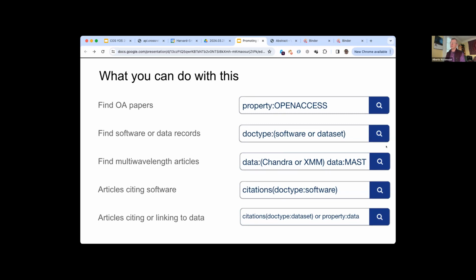The third example shows how an astronomer can find papers that have data sets related to two X-ray missions, Chandra and XMM, as well as an optical archive. This finds multi-wavelength papers because they have data from different archives with different characteristics. The fourth one shows all citations to articles of all software records. And the last one is an example of a more complicated query that finds citations to data sets or links to data sets.